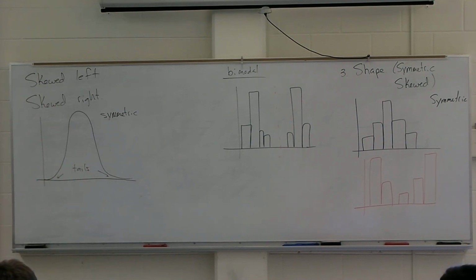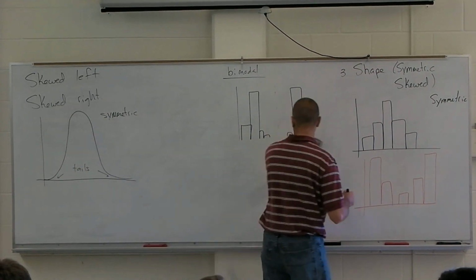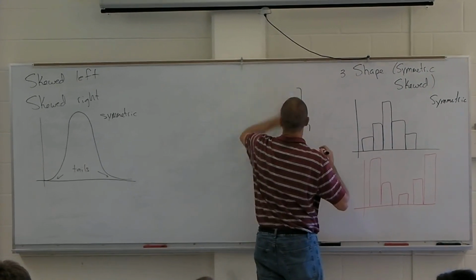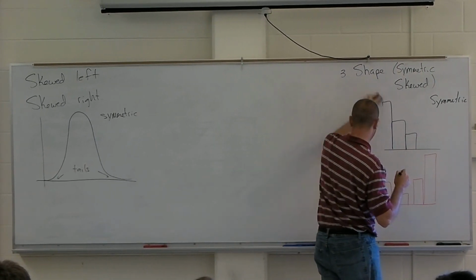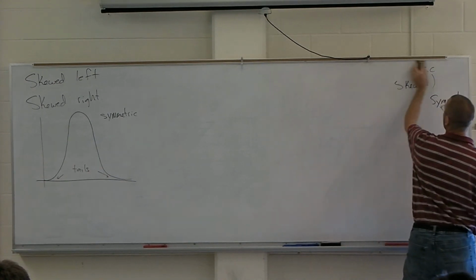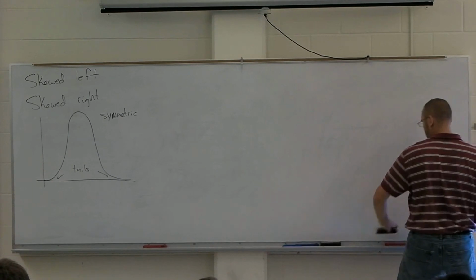When data is skewed left or skewed right, someone has decided to start pulling on one of these tails, and in pulling on one of those tails, it has caused our data to have a very long tail in one of two directions.